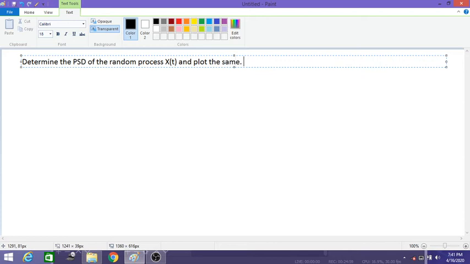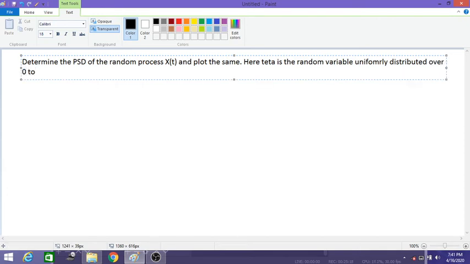Here theta is a random variable uniformly distributed over 0 to 2 pi.